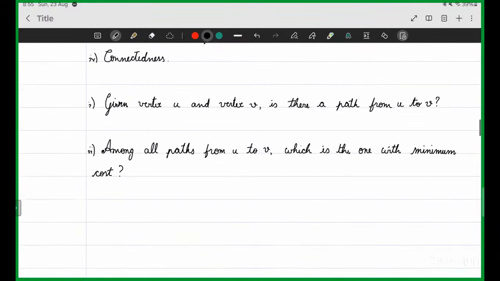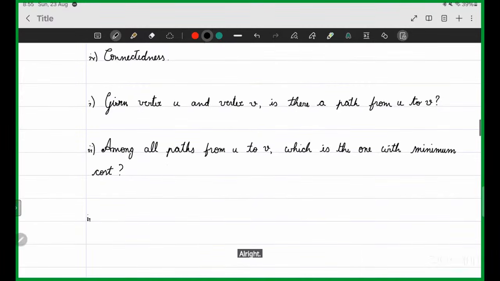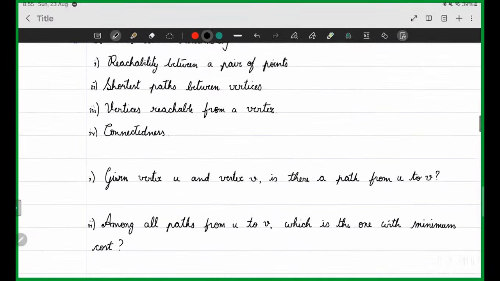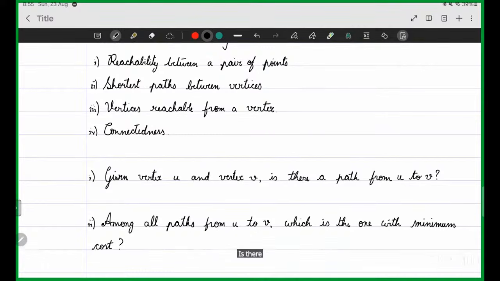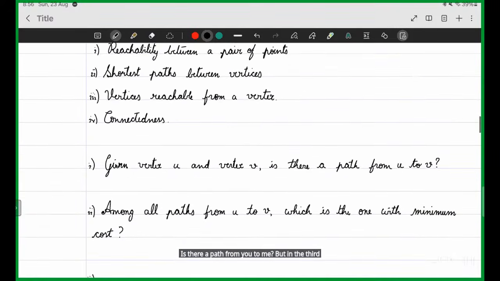All right. So the third thing is, in the first question, we started out with a particular pair of two vertices, u and v. And then we said, is there a path from u to v? But in the third question, we'll ask something more general.